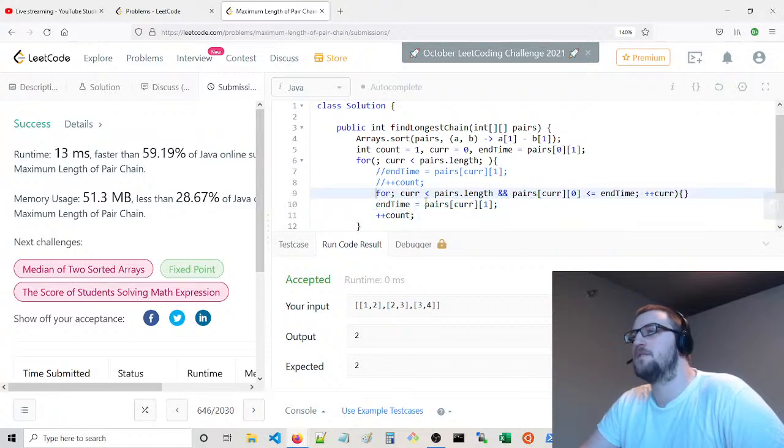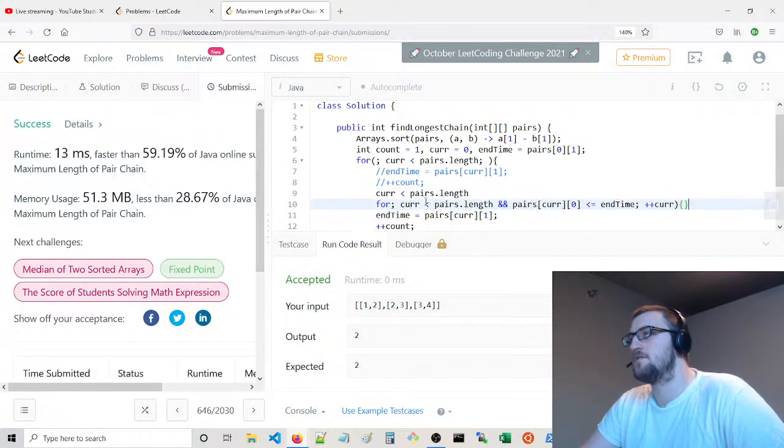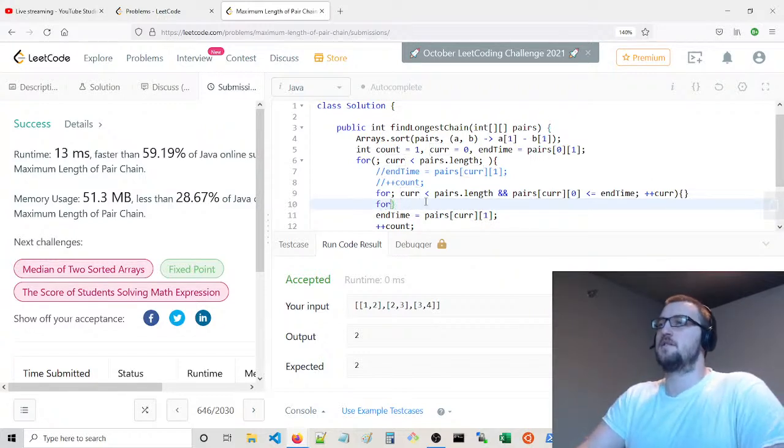However, you still need to have this if statement. And that's the tricky thing.